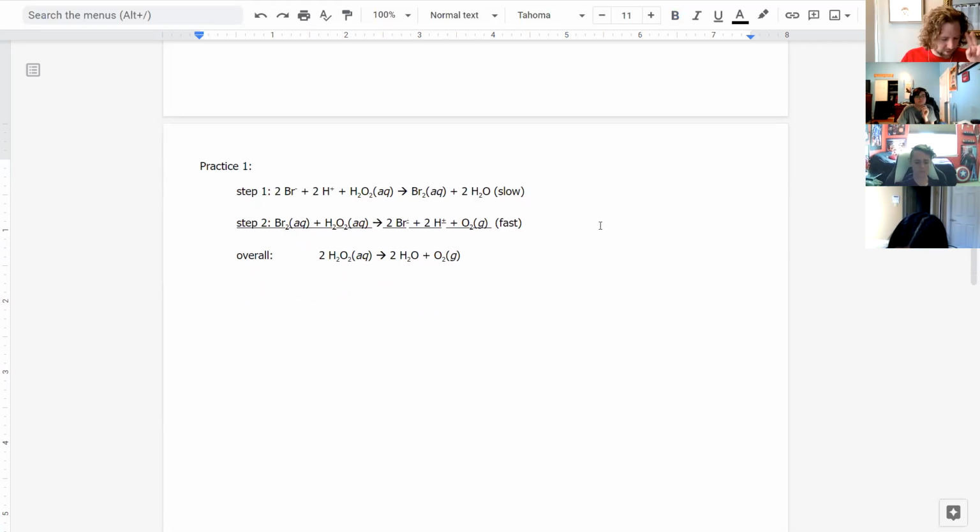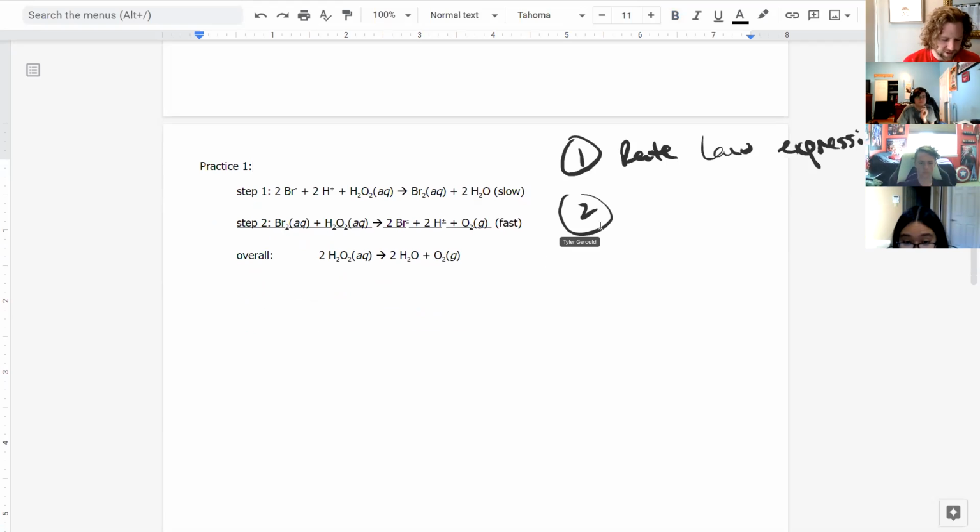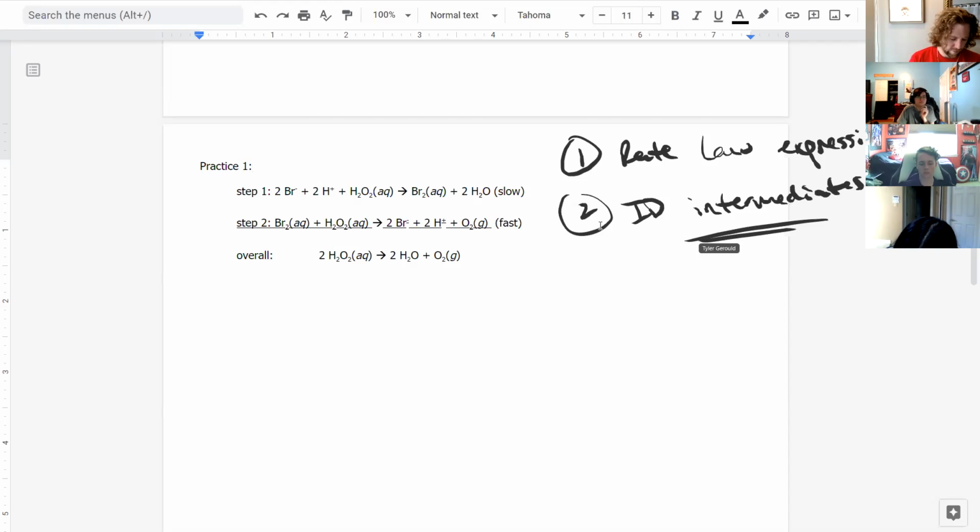So a couple of goals. First, write the rate law expression. Second, what are the intermediates? Identify the intermediates. So the overall reaction is given.